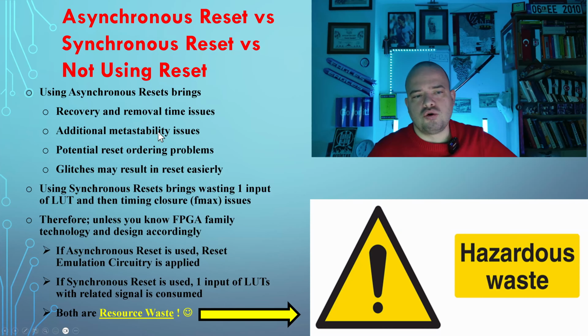Glitches may result in reset easily, because the reset is asynchronous. Any tiny glitch that your flip-flop technology sees will be captured. Let's say your technology identifies a signal as a reset if it is 30 picoseconds high, and let's say reset is active high.